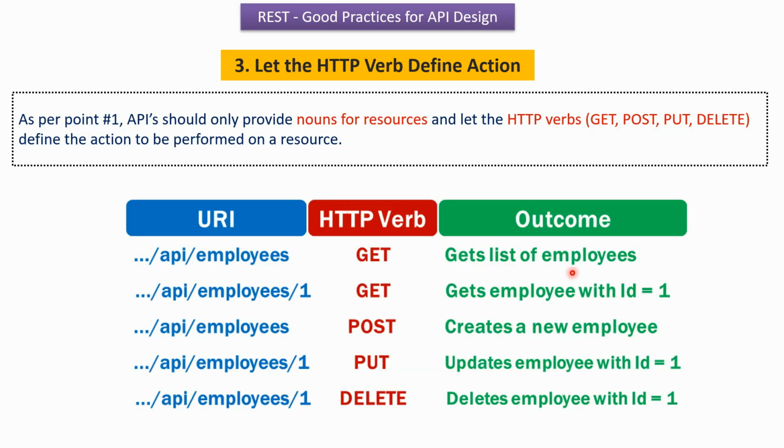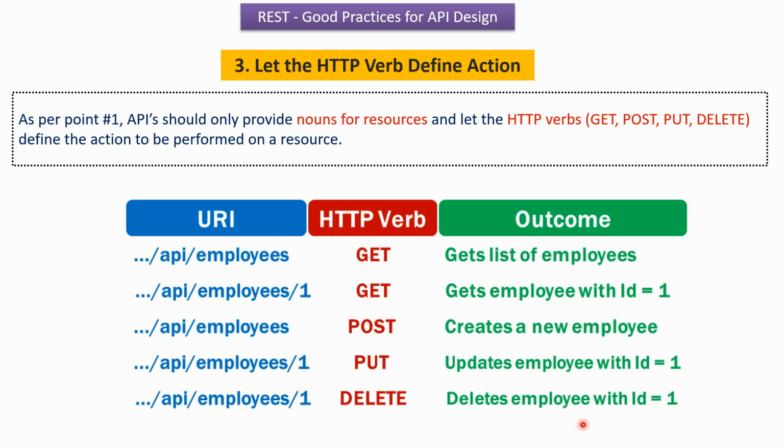To get the list of employees, we have to use this URI and the HTTP method GET. To get a particular employee, we use this URI and the HTTP method GET. To create a new employee, we use this URI and the HTTP method POST. To update an existing employee, we use this URI and the HTTP method PUT.